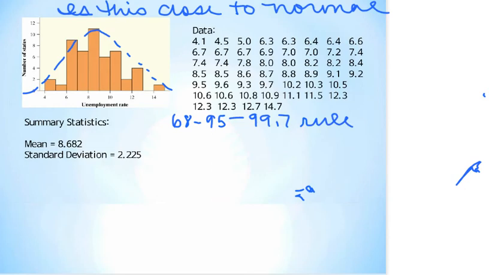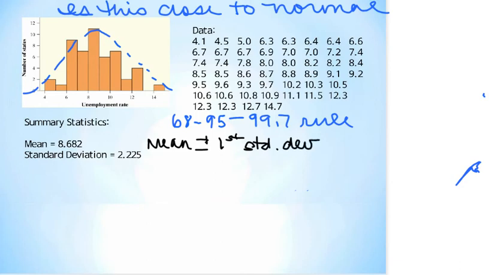So if we figure out the numbers that fall between the mean and the first, second, and third deviations, we should be able to figure out if this falls fairly normal. So let me show you what I mean. Our mean plus or minus our first standard deviation.